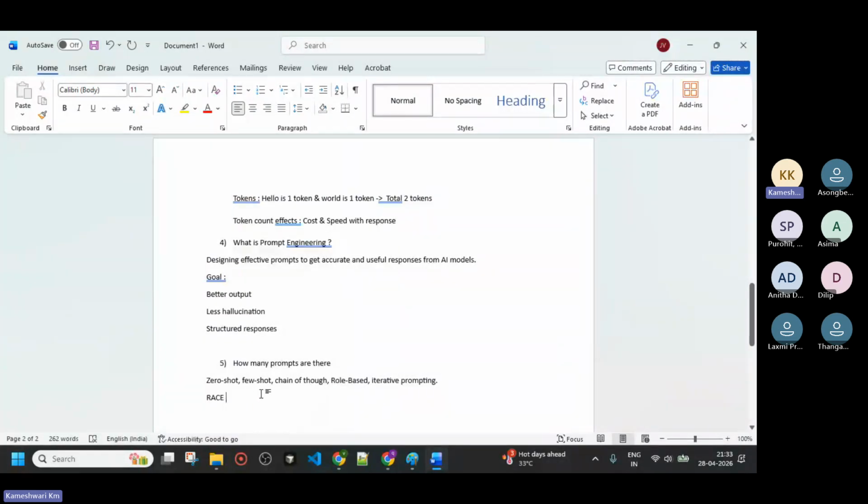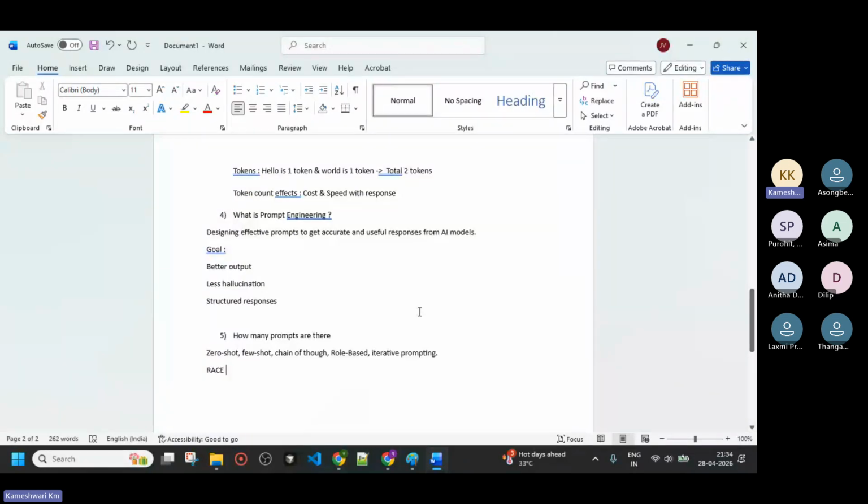If you want to do some particular work, you start the prompt like: consider yourself a QA architect with 5 years of experience, well versed in solving this kind of logical things. Now I'm expecting these things from you. These are my challenges, this is my example. Could you please give me a better way to answer these challenges? So we need to design a prompt, and from there we can generate the output.